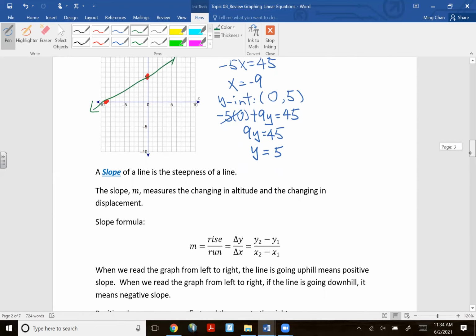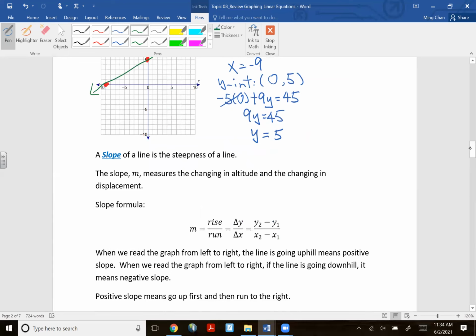So let's take a look at the concept of slope. You've probably seen this formula before, rise over run. The slope is basically measuring the change in the altitude and the change in the displacement of our linear equation. If we look at this from left to right, this line is going down the hill.